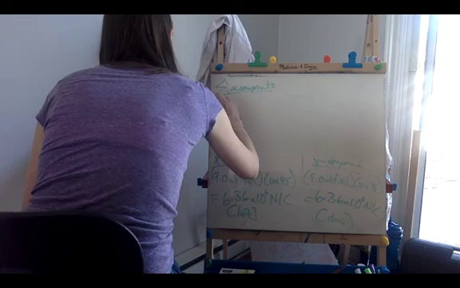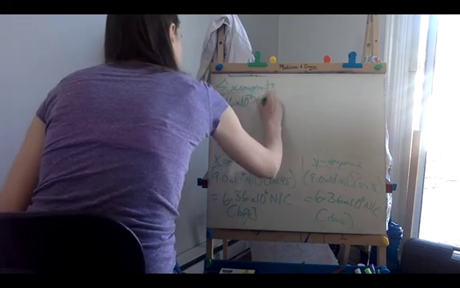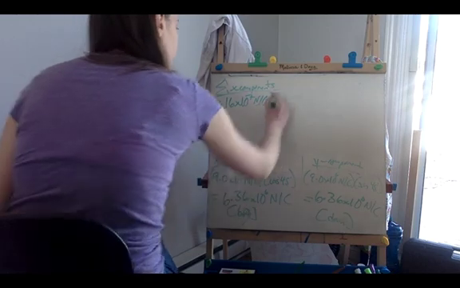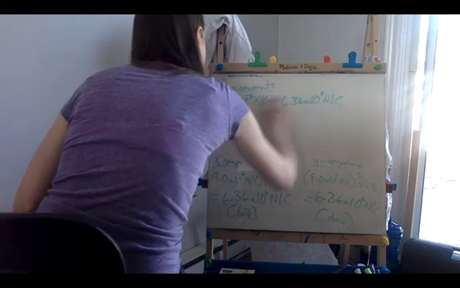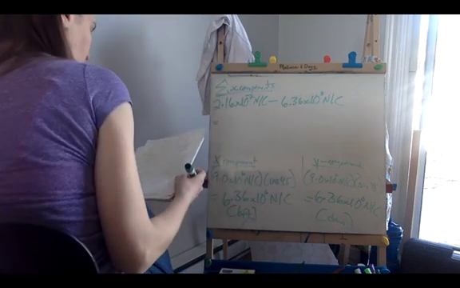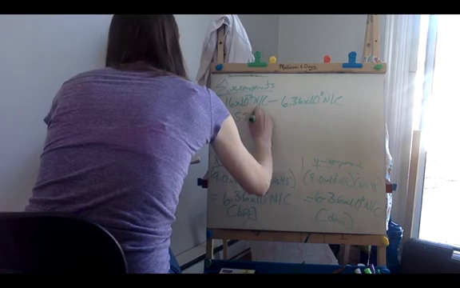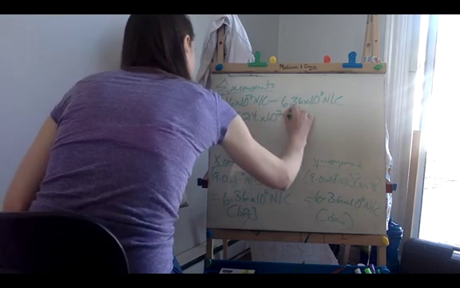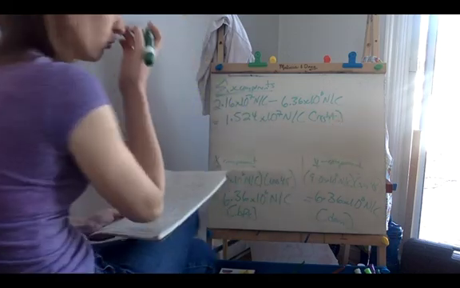So it'll be the one to the right, 2.16 times 10 to the 7, minus the one going to the left, which was 6.36 times 10 to the 6. And that gives us an overall to the right value of 1.524 times 10 to the 7. Okay, so that's overall to the right.